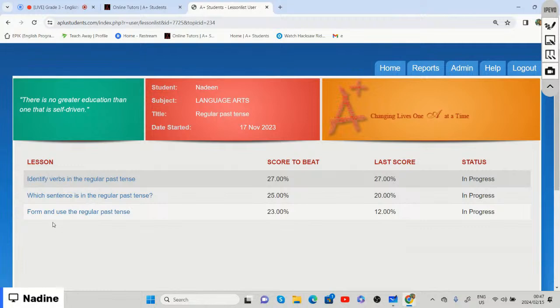All right, so this is the end of our lesson grade 3 on regular past tense. And once again, when it comes to regular past tense, we add ed or d to show the past tense form, right?